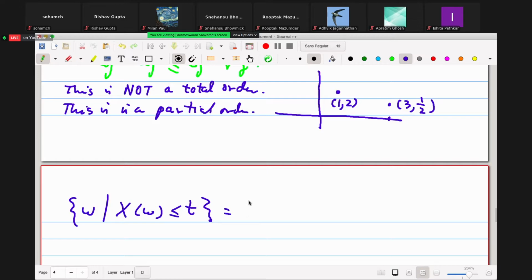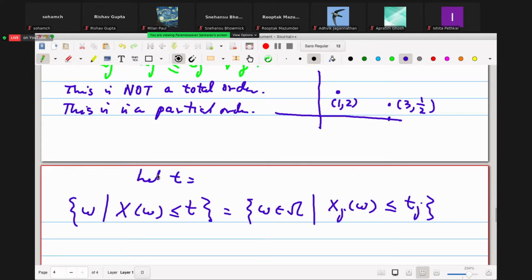This is the same thing as saying omega in Omega such that X_j(omega) is less than or equal to t_j. We always use self-explanatory notation, otherwise it takes too much time. Now this must happen for every j.